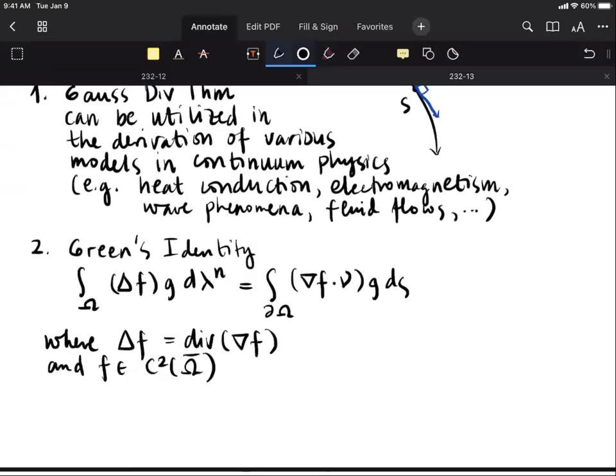So this is a line integral, or I should say a boundary integral, minus the integral of the product of the gradients. This follows from the Gauss divergence theorem.